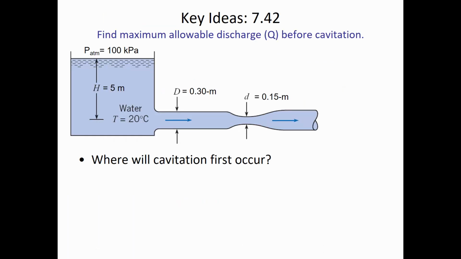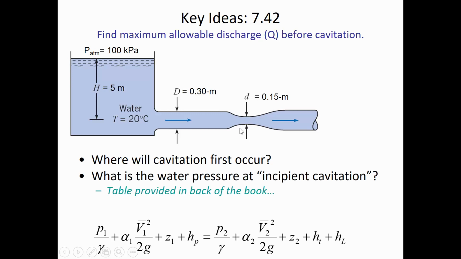All right, one last tip on this problem is that the maximum allowable discharge before cavitation, the cavitation is going to occur here in this throat, because that's where the velocity will be the highest and therefore the pressure will be the lowest. So just before cavitation, what you're essentially doing is saying that the water pressure is equal to the vapor pressure.